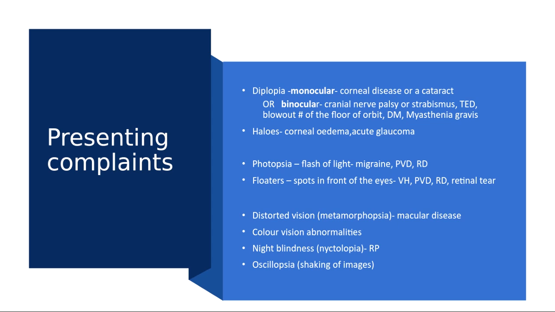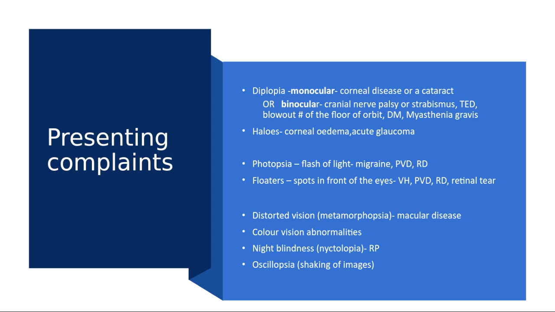Another presenting complaint, of course, which you would have known about, is diplopia. And what you have to decide, and it's very important to elicit from the patient, is the double vision monocular, meaning if they cover one eye, say they cover their left eye, and they're still having double vision, then you know it's monocular. However, if it's binocular diplopia, if they cover one eye, the double vision disappears.